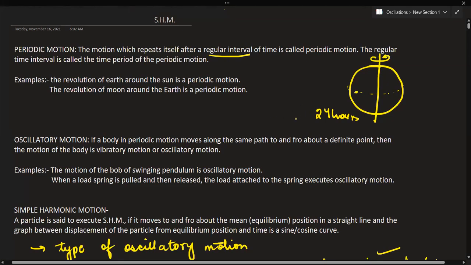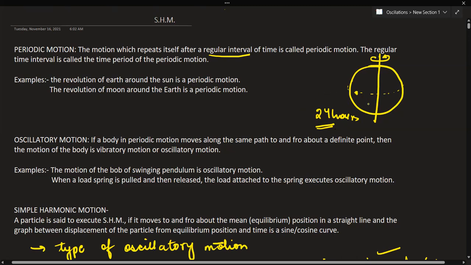Why is it a periodic motion? The Earth doesn't stop over here. It will again begin its rotatory motion around the central axis when the 24 hours are completed. After this fixed time, the Earth rotates itself around this axis again, until it reaches the starting point back through rotation.